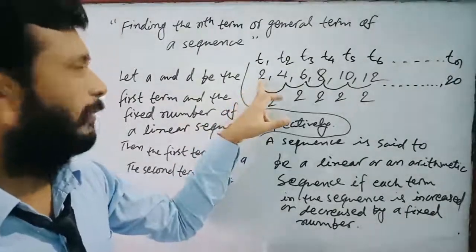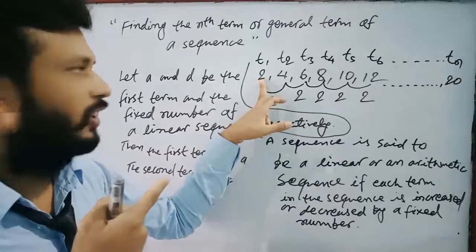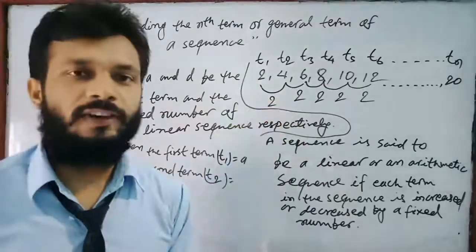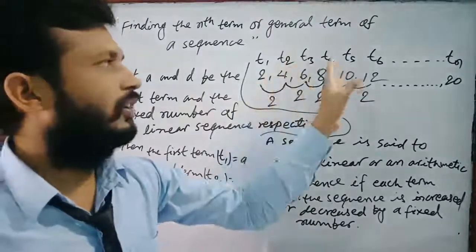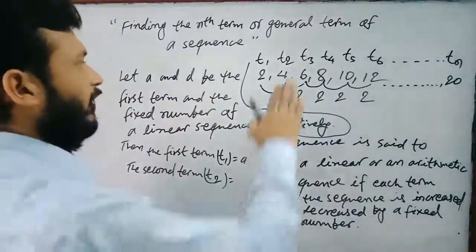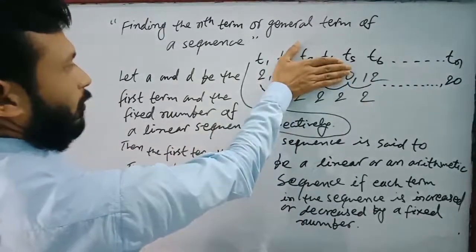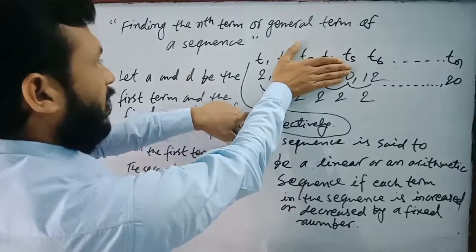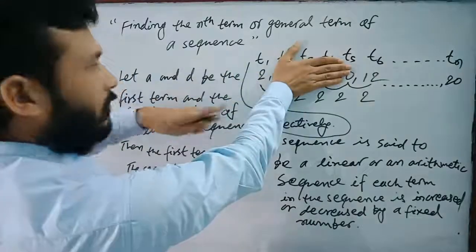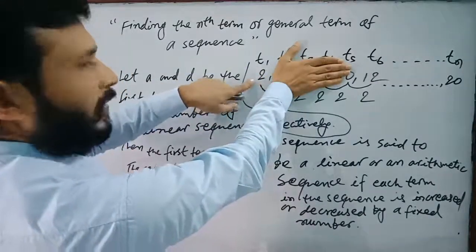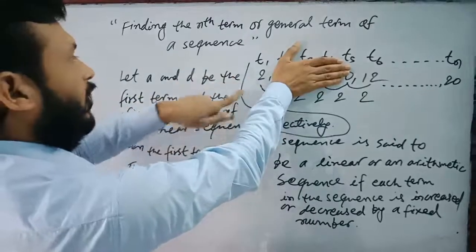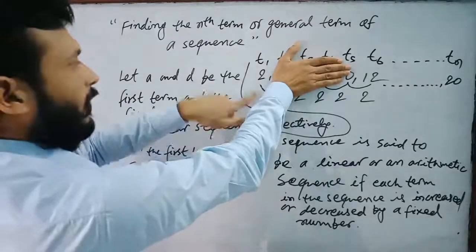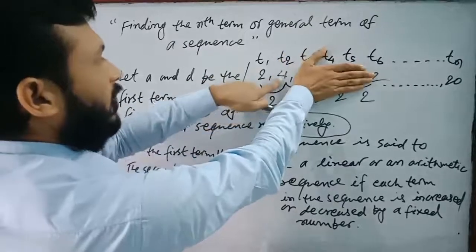Suppose the first term is 2 and the fixed number is 2. Then how to find the second, third and fourth numbers? We have only the first term and the fixed number. The second term is the sum of the first term and the fixed number: 2 plus 2 we get 4.